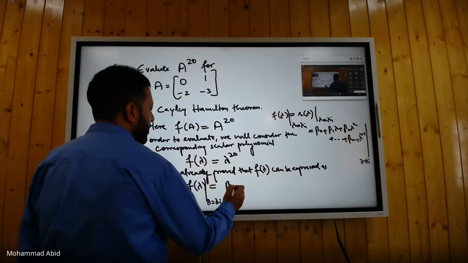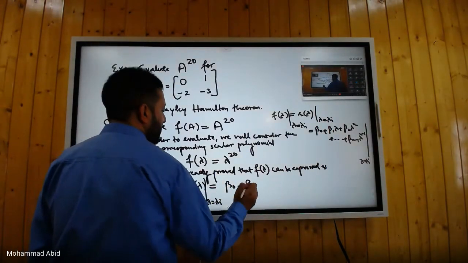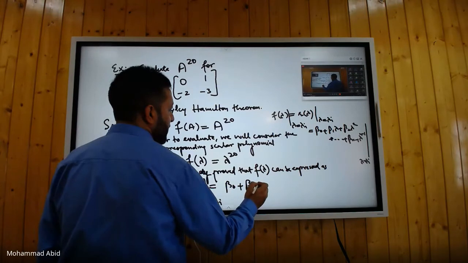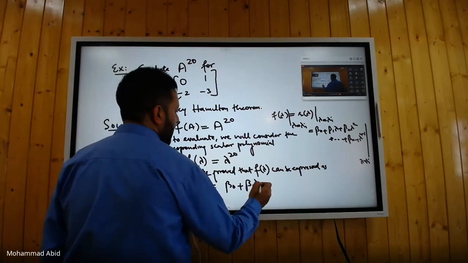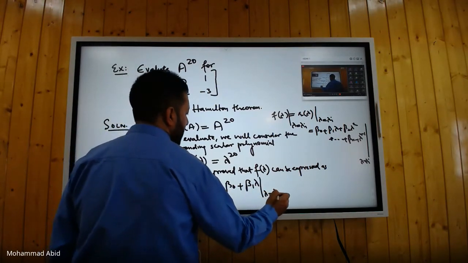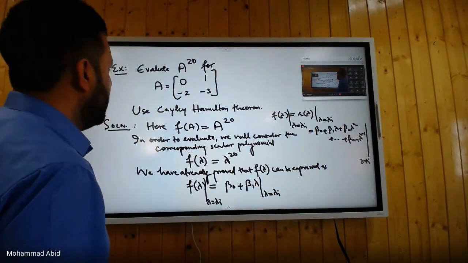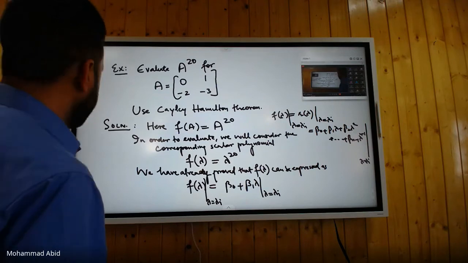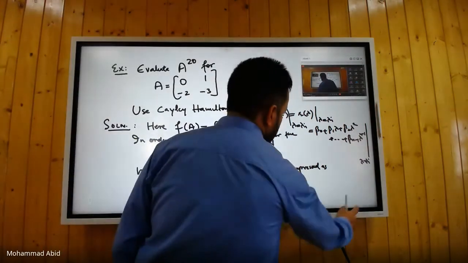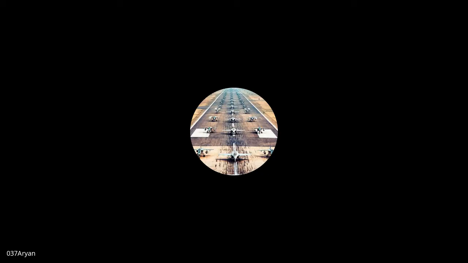So what will f(lambda) be equal to? It will be beta naught plus beta 1 lambda, evaluating at lambda equal to lambda i. Lambda i is the eigenvalue. How many eigenvalues will this have? 2, sir.